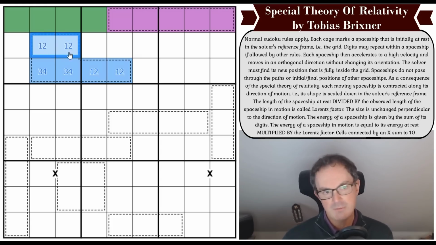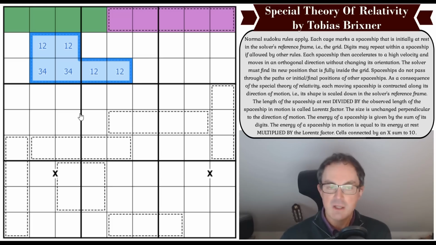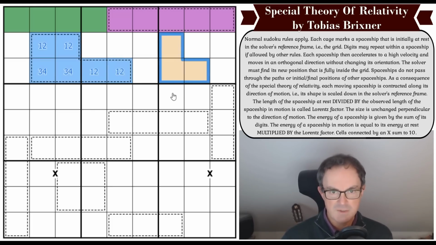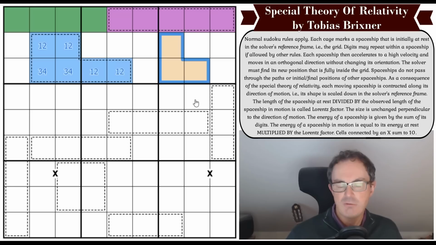So if I make this a 1, 2 pair and make that 1, 2, 3, 4, you can see 13 is the minimum value of blue. Now, that means that the value of the triomino that this becomes when it goes to high speed is 26 at least. Well, how on earth can you achieve 26 in 3 cells?